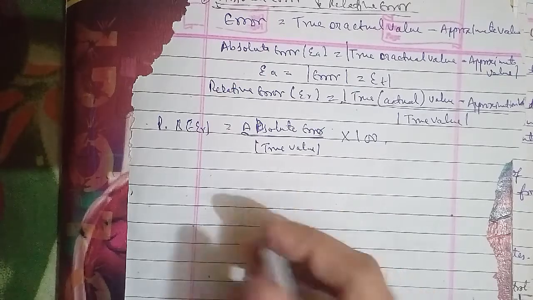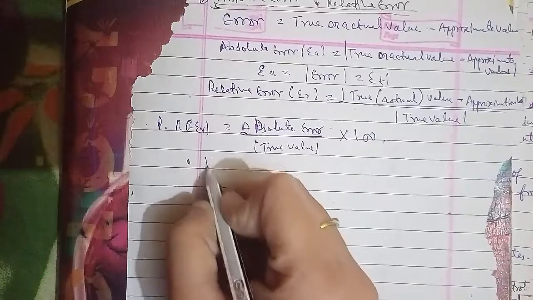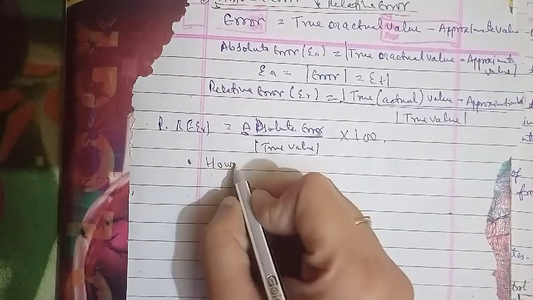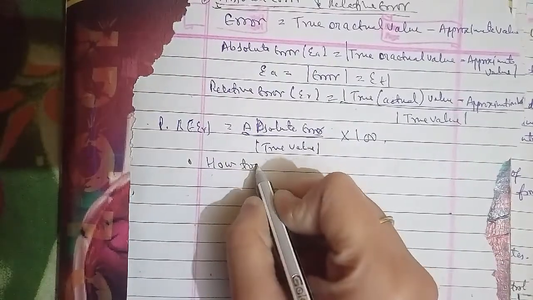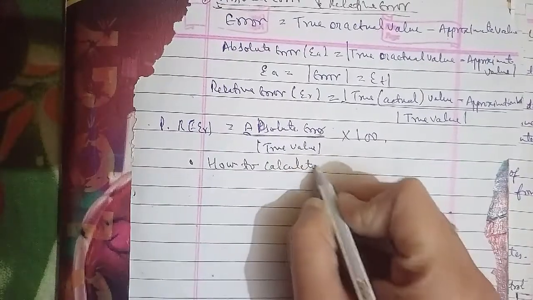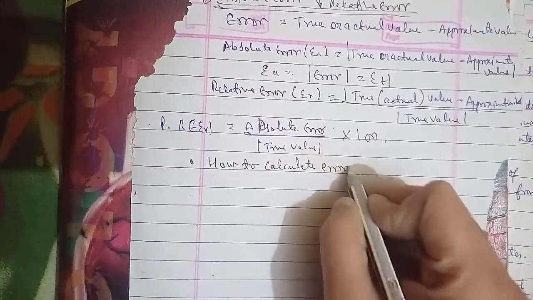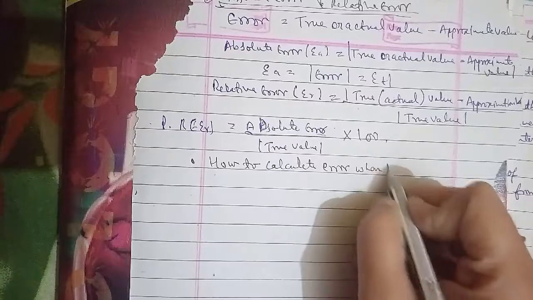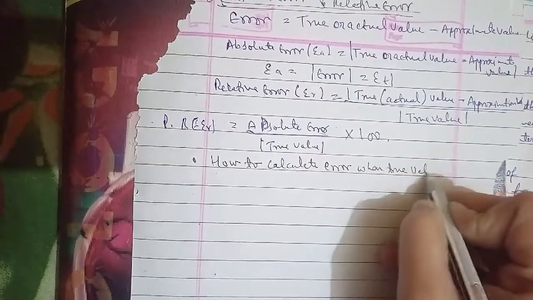So here the approximation error cannot be obtained by this, and by the numerical technique that works iteratively to obtain the solution, then the approximate error can be calculated as, and for the same the approximation error we find it out here.